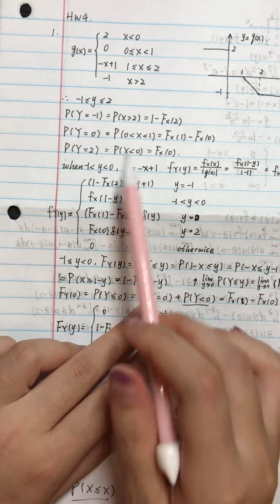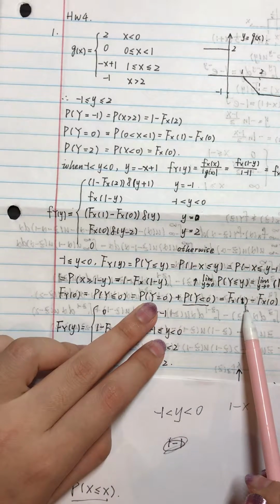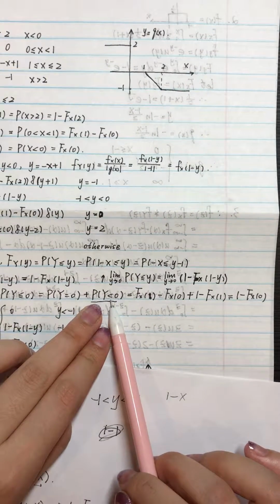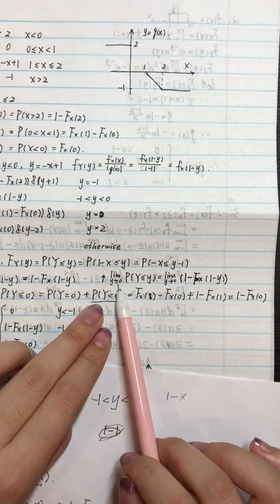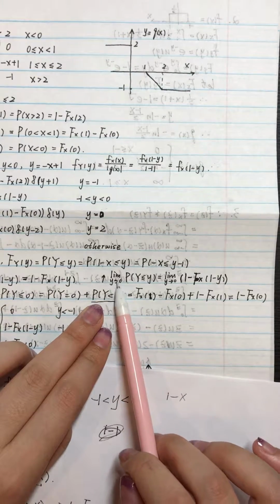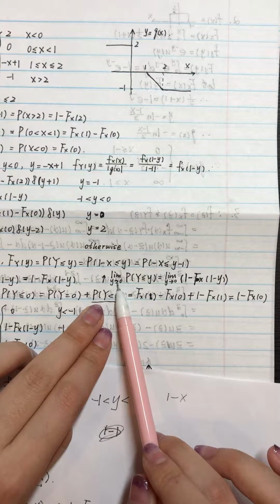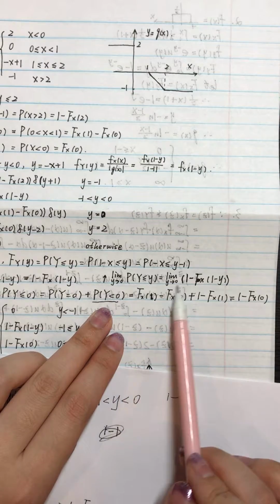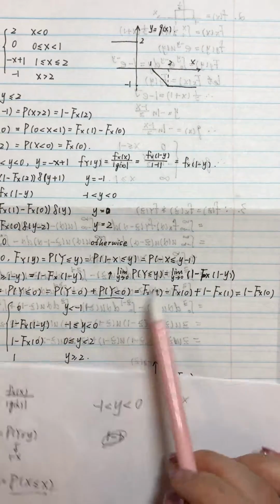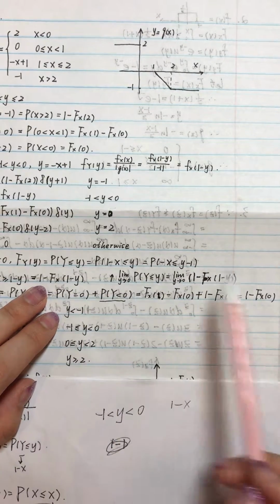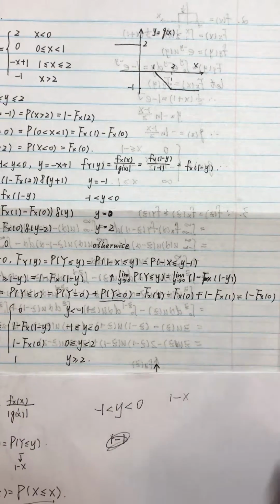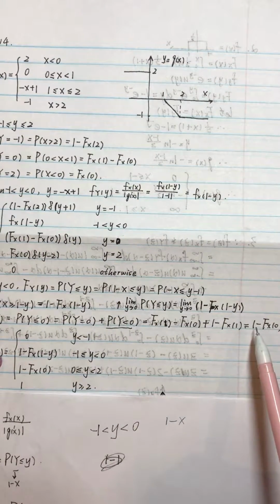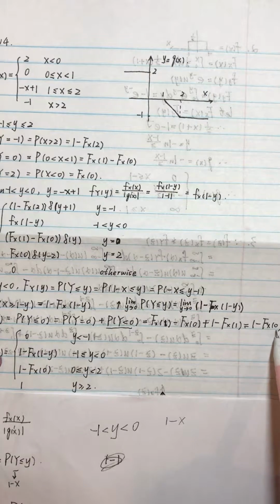This part we calculated before is F_X(1) minus F_X(0), and for this part we can take the limit as y gets very close to 0, and combine it with the previous part, and we can get this answer. So for y larger than 0 but less than 2, this part equals 1 minus F_X(0).